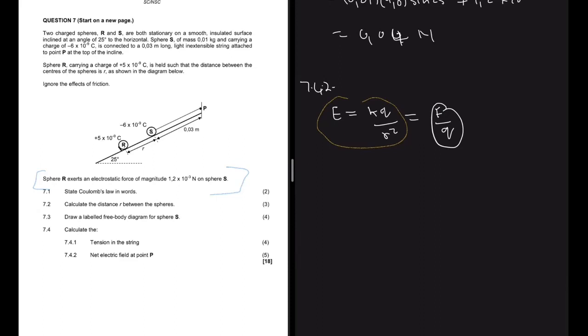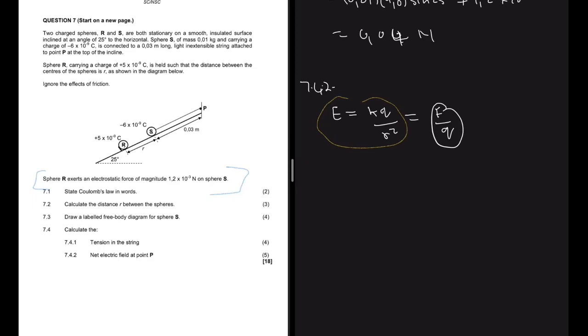But before we carry on, one thing to realize is that S and R have opposing effects. R is positive, so if P is positive, it will be getting repelled, but if it's negative, it will be getting pulled. And then sphere S will do the opposite. If it is negative, it will attract, and if it is positive, it will push away.